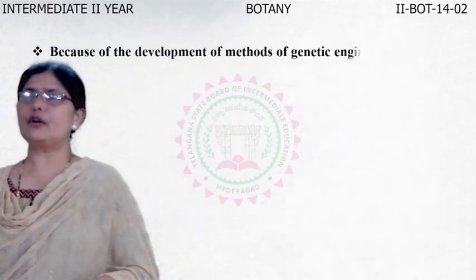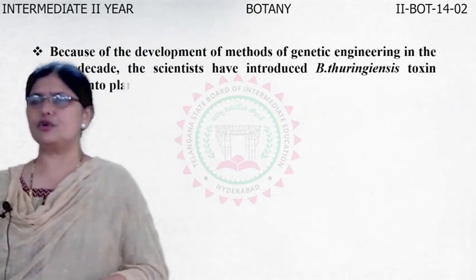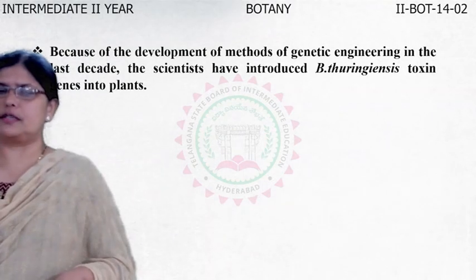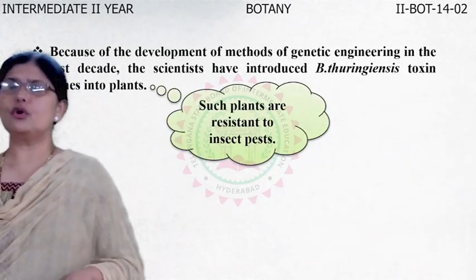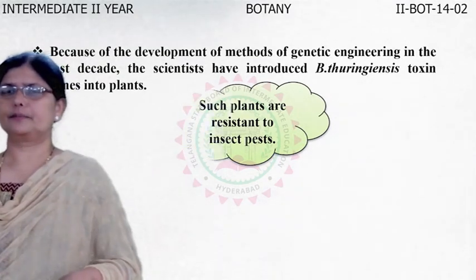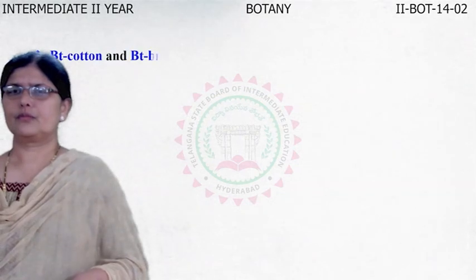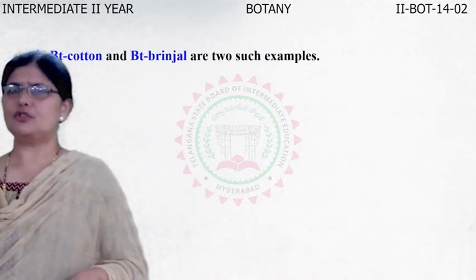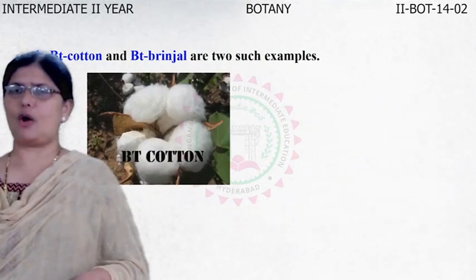Because of the development of methods of genetic engineering in the last decade, scientists have introduced Bacillus thuringiensis toxin genes into plants. Such plants are resistant to insect pests. BT cotton and BT brinjal are two such examples of modified crops.